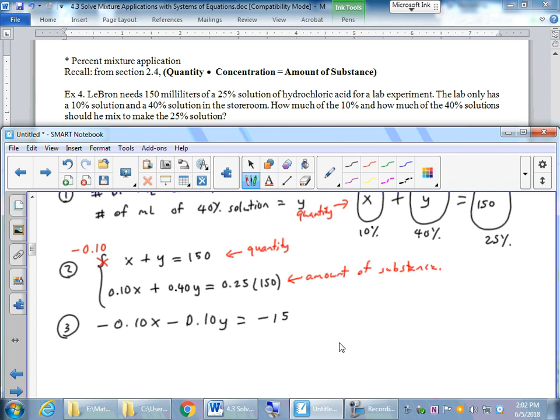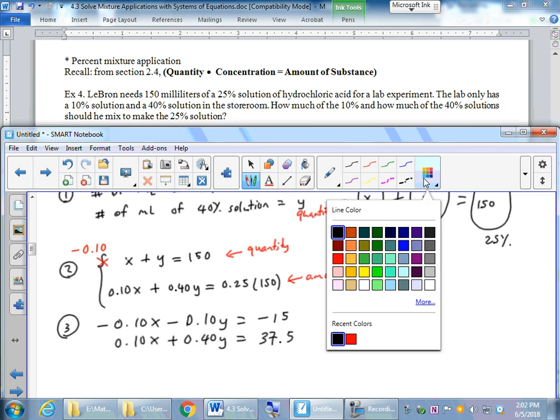Okay, so 0.10x plus 0.40y is equal to, when you multiply 150 times 0.25, that'll give me 37.5.